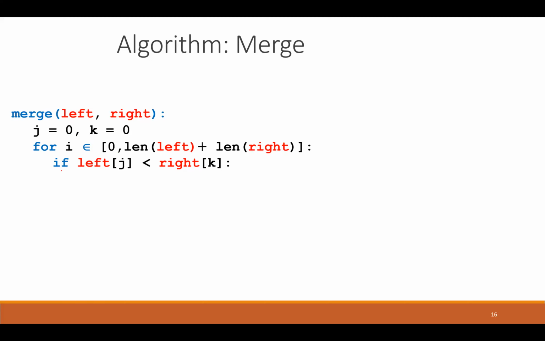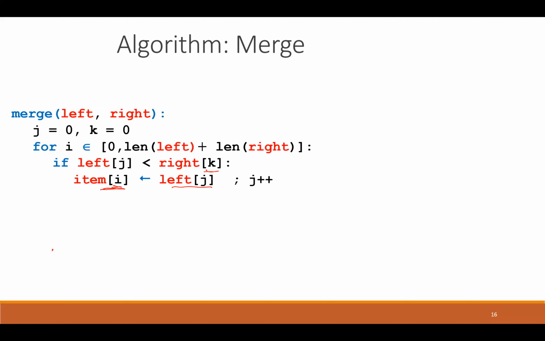And then I'm going to compare. So J is the current pointer to left, and K is the current pointer to right. So I grab those values, I compare them, and I see which one is smaller. If left is smaller, then I copy this into, again, I use item instead of list, but this should say list. I represents the next available position in this list.